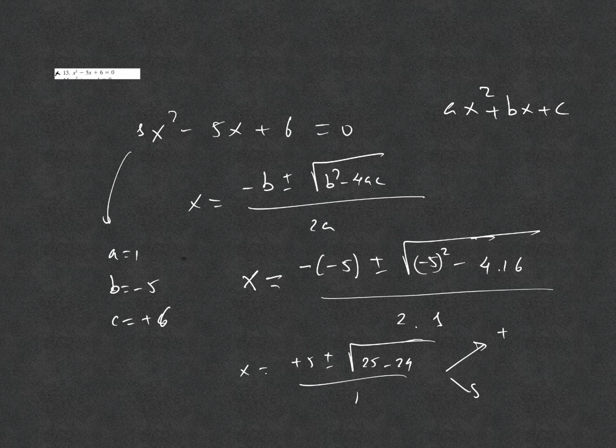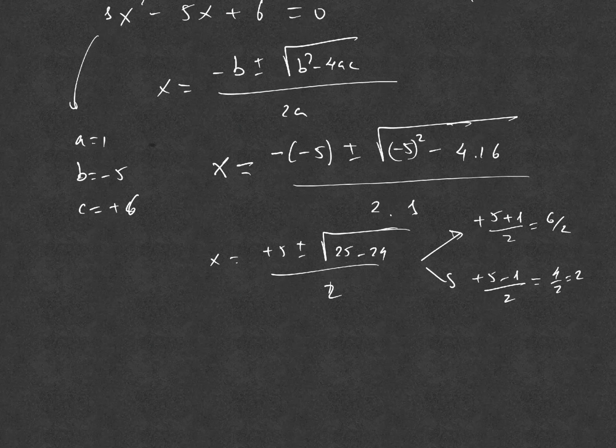The first solution will be plus 5 plus the square root of 1, divided by 2, which is 6 divided by 2, which is 3, and the second solution will be plus 5 minus the square root of 1, that is 1, divided by 2, it will be 5 minus 1, it will be 4 divided by 2, it will be 2. So the two solutions are x1 equals 3, x2 equals 2.